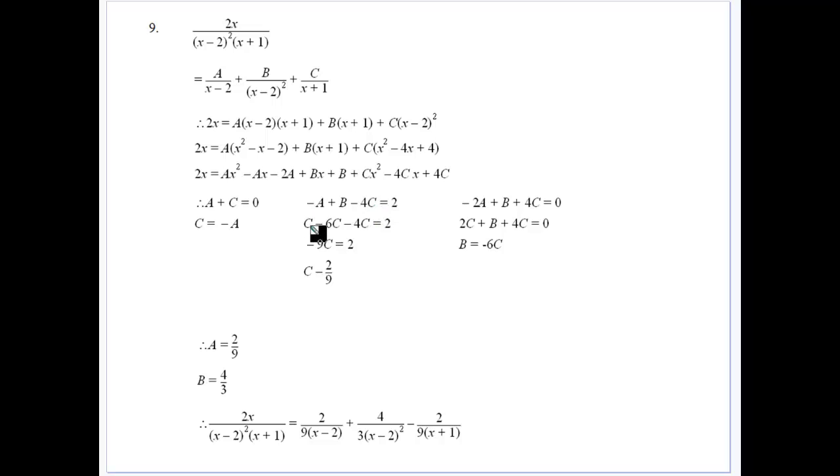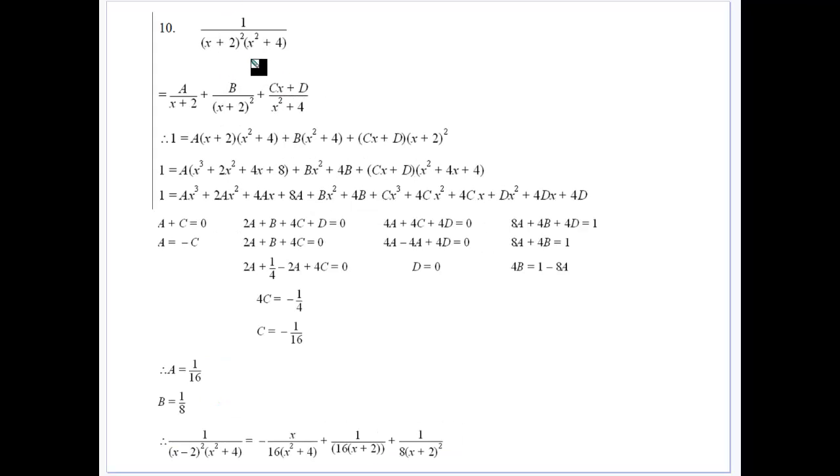So we can put the C in for A there, and then get a statement, and we'll put B in and get B in terms of C as well, and then substitute those both in to get a statement in C. Once we've got a statement in C, we can get the values for A and B, and then write our partial fraction down there.